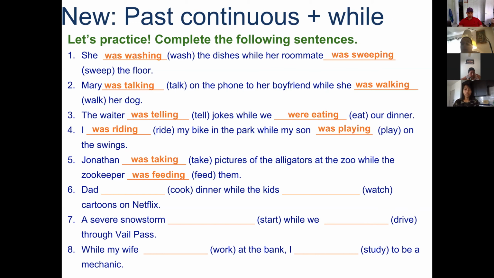Danya? Dad was cooking dinner while the kids were watching cartoons on Netflix. Very good. A severe snowstorm was starting while we were driving through Belfast.